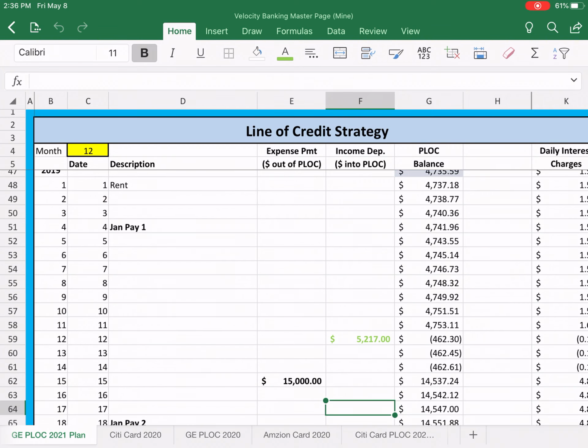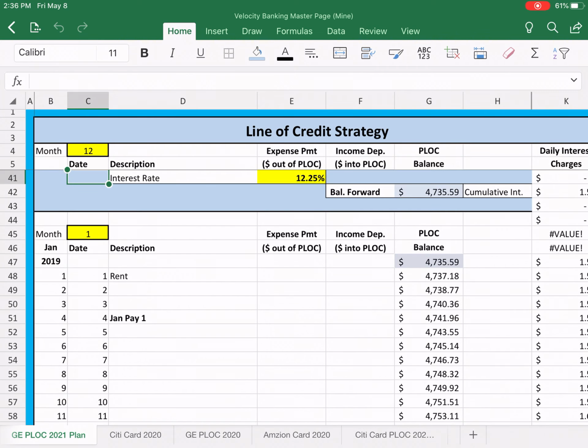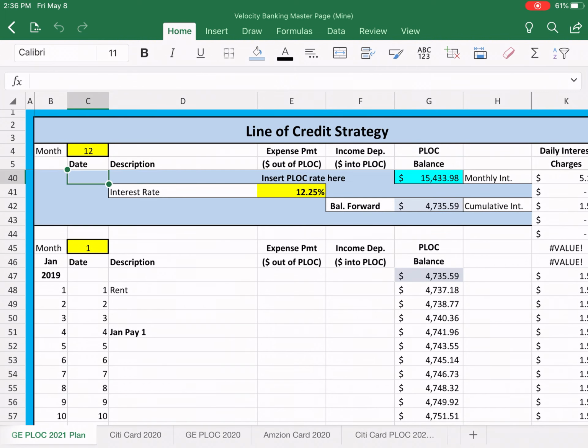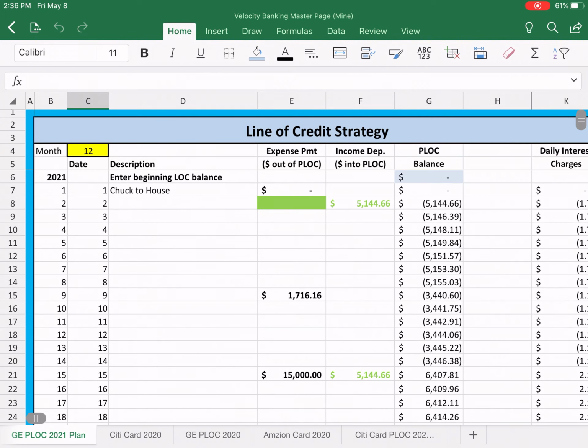So in 2021, we're gonna get paid 3 times in January. Some of us will get paid 4 times, depends on if you work every 2 weeks or every week. You get paid every 2 weeks or bi-weekly. So January we're gonna get paid 3 times.